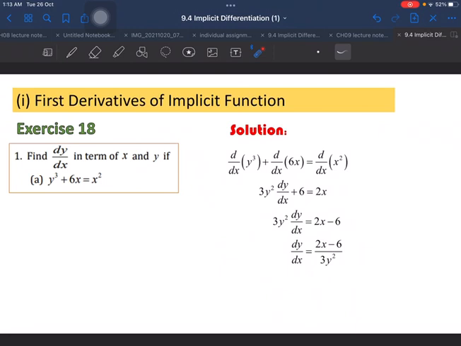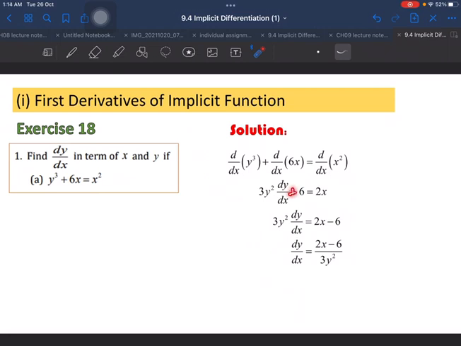Okay, we differentiate term by term. For the first term, class, be careful if you want to differentiate with respect to x but the variable is y. For y cube, we get the answer 3y square, but don't forget to multiply with dy over dx, because of the variable y.